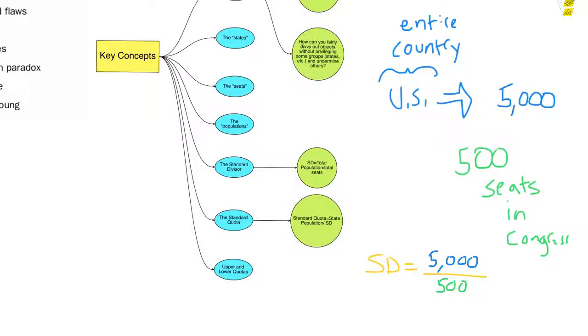And essentially what that tells you is, well, first of all, let's get clear that that would be 10. What that tells you is how many human beings each seat in Congress represents. So each single seat in Congress represents 10 human beings. Okay, that's the idea of the standard divisor.